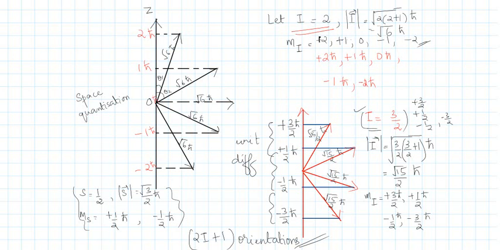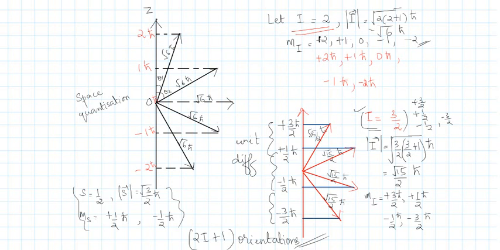Now plotting this, this is your reference direction, and the projections along the reference direction have been marked, and only these orientations which give such a projection are possible.